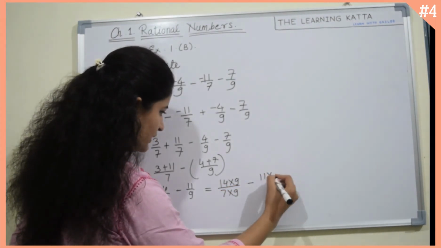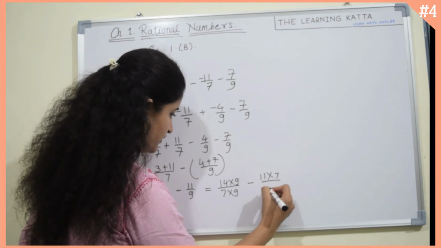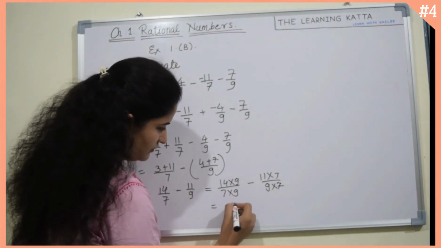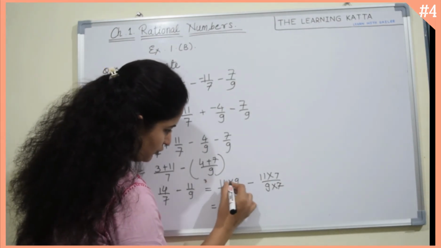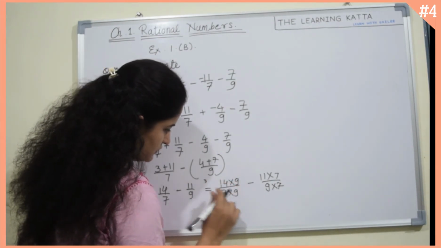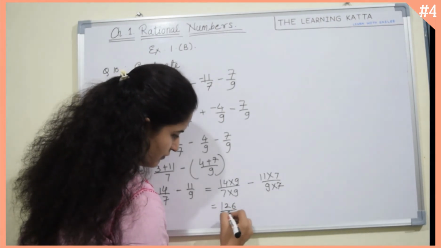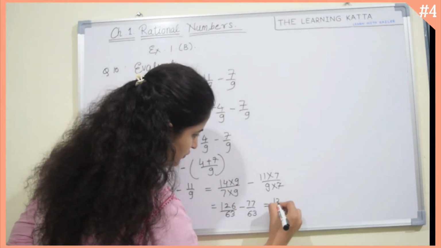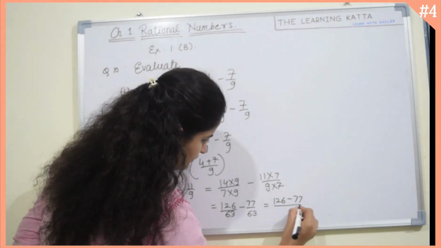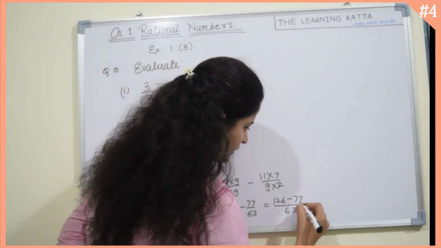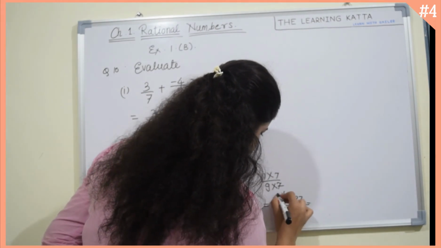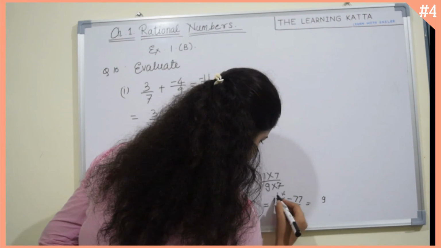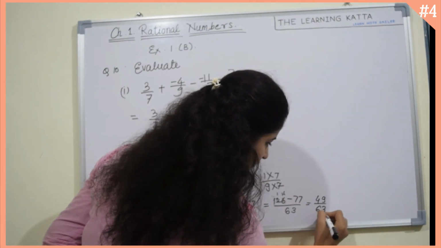So to be able to solve it quickly, you need to remember the tables. 14 nines are, now I don't remember, but I'm going to calculate it quickly. So it's 126 upon 63 minus 77 upon 63, which is equal to 49 upon 63.